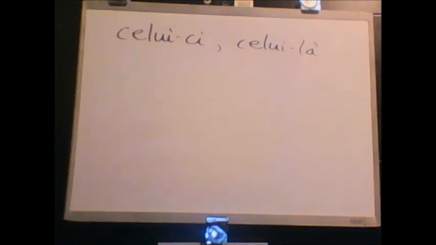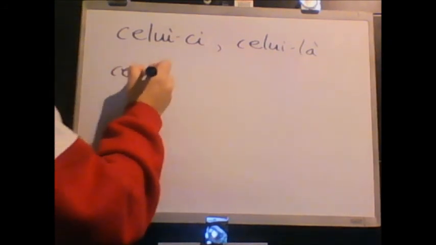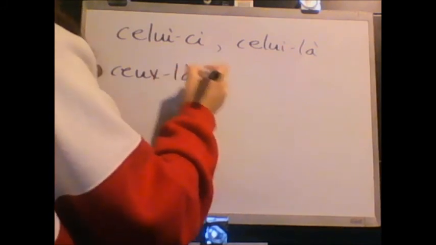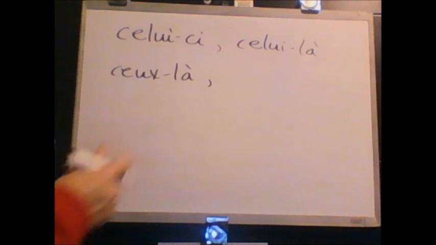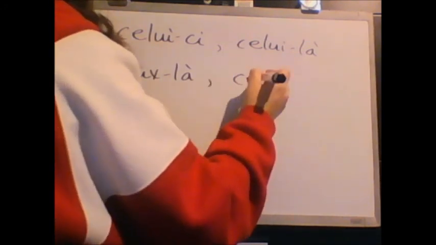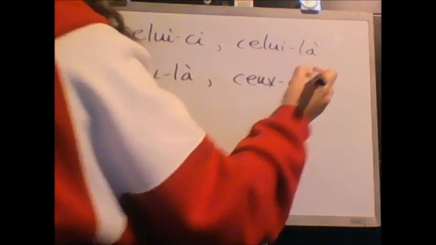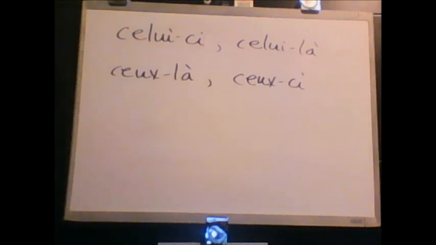So we want those, ceux-là, are wool, but these, ceux-ci, sont en daim. Daim is suede, if I remember correctly. If you want to flip back in your book and check, you can.